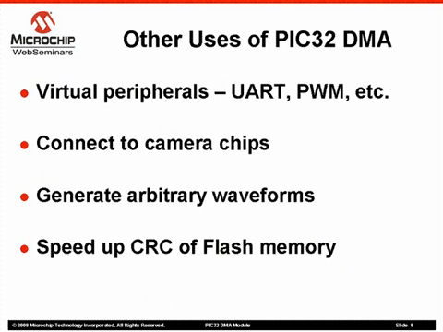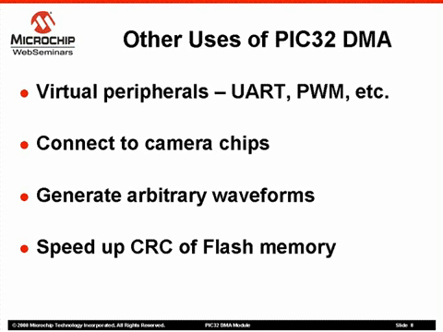Because of the fast I/O capability of PIC32 and the CRC engine, the PIC32 DMA can be used for various other purposes than just data movement within the MCU. Here are some ideas. You may use 2 DMA channels and a pair of GPIO pins to create a full duplex virtual UART. With additional logic and GPIO pins, you may even create more UARTs without consuming any more DMA channels.